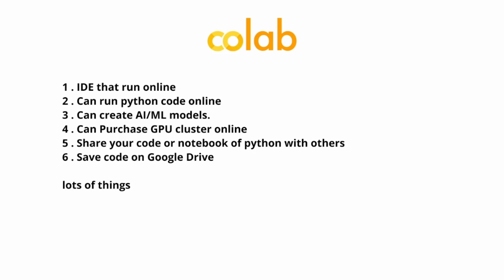When you purchase a dedicated GPU cluster, you run the GPU that is provided by Google in their data center on your Google Colab notebook. So there is a direct connection of the GPU with your Google Colab notebook, so you can leverage the power of the GPU in your Colab notebook. For example, you need to train a very large model and you need a GPU, so you can just pay for the GPUs and start your training.